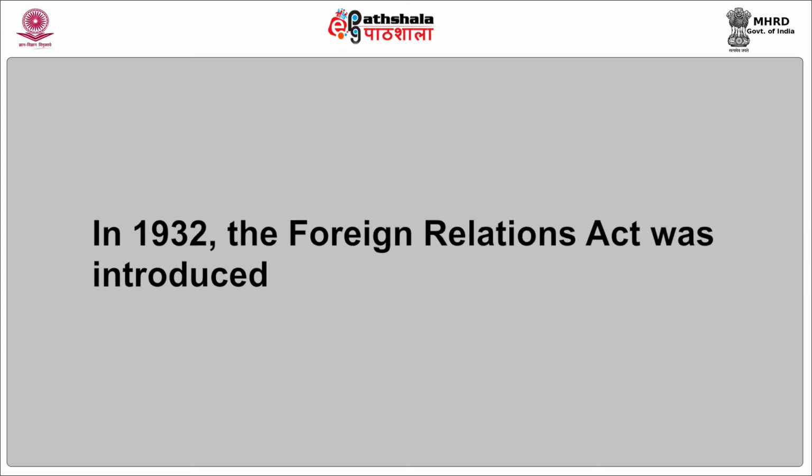In 1932, the Foreign Relations Act was introduced, which aimed at providing stringent action against the press if it aimed at publishing statements which would affect the friendly relations between His Majesty's government and the governments of certain foreign states.